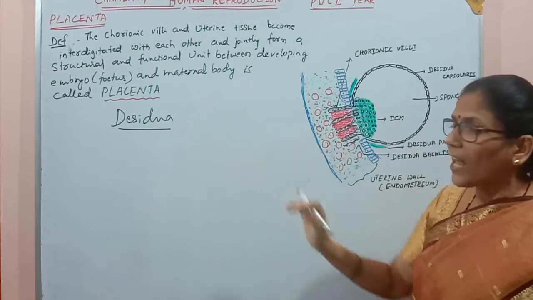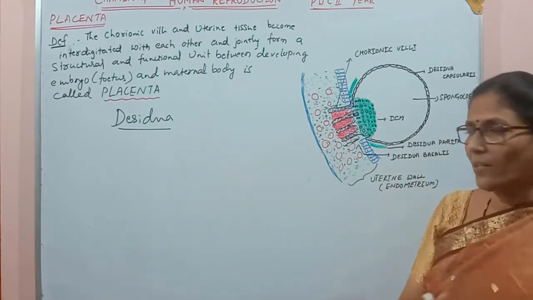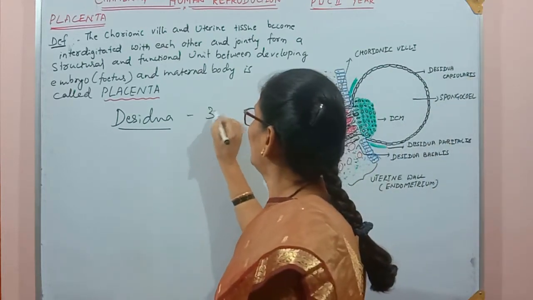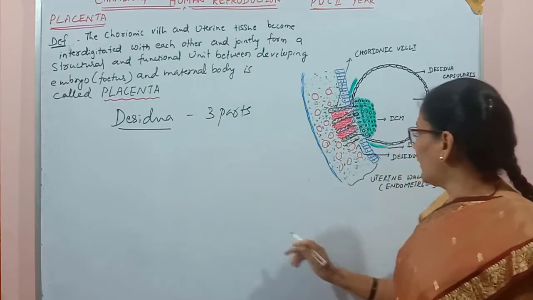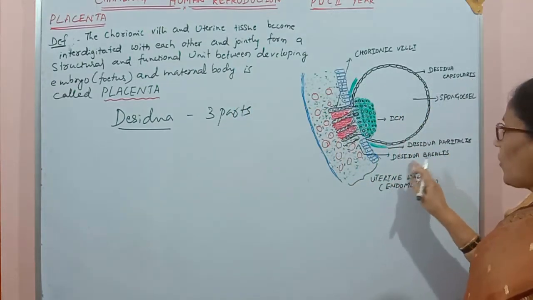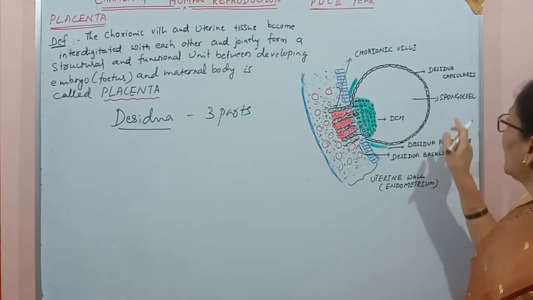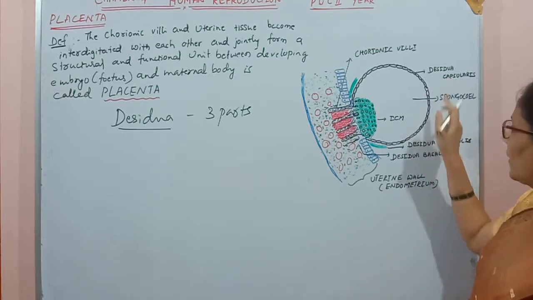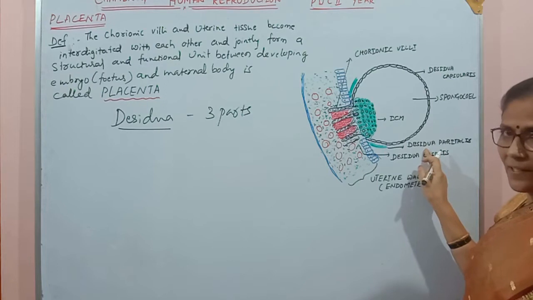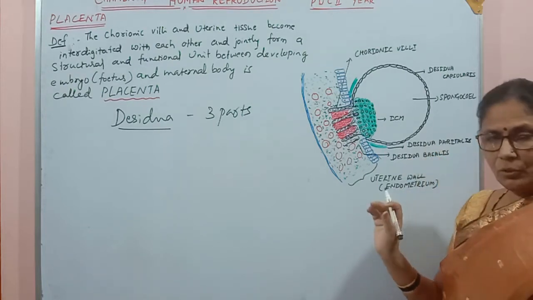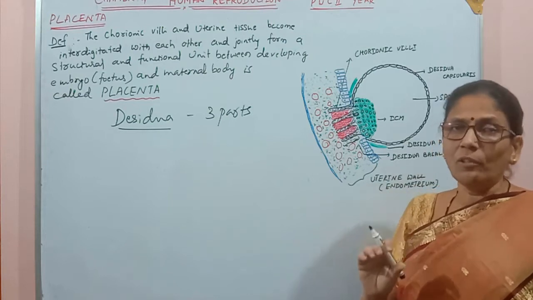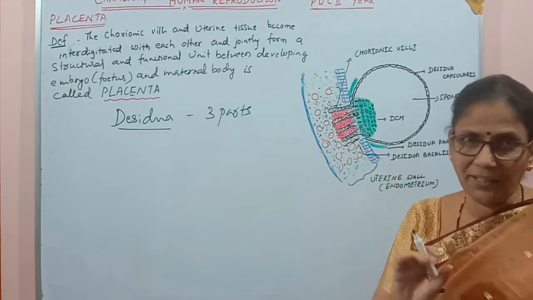And this decidua is divided into three parts. There are three parts. The one is decidua basalis, decidua capsularis and decidua parietalis. So decidua basalis is the one which is going to be involved in the formation of placenta.